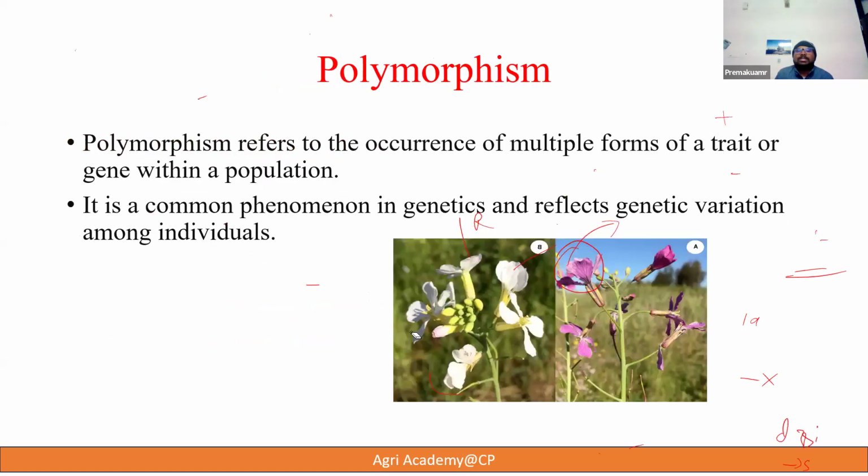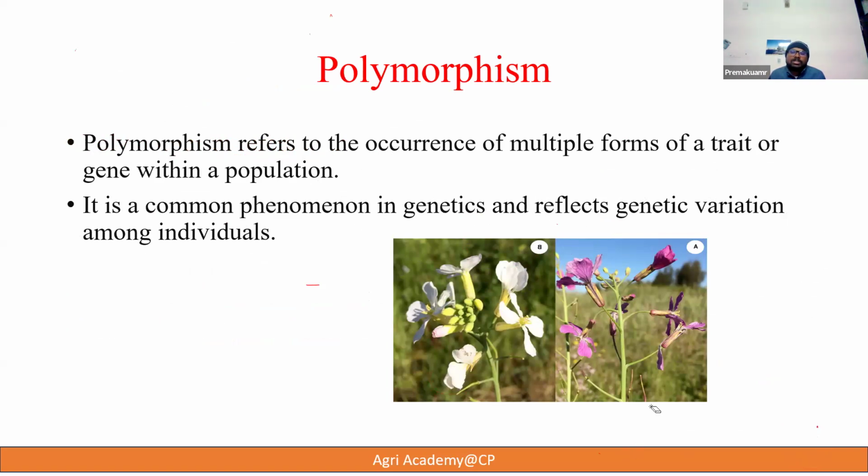Then there is the concept of polymorphism. Before we understand anything about markers, types of markers, we should understand what polymorphism is. Polymorphism means the occurrence of multiple forms of a trait for a gene within the population.